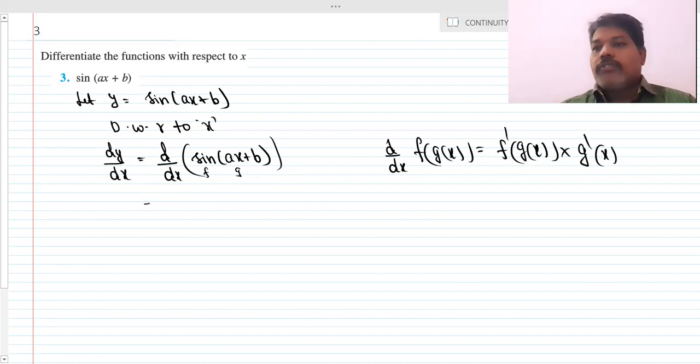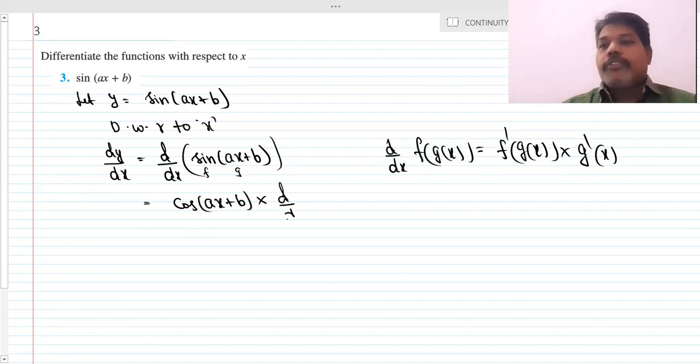So here, students, first the f derivative: f is the sine, so its derivative will become cos of ax plus b, into the derivative of ax plus b.